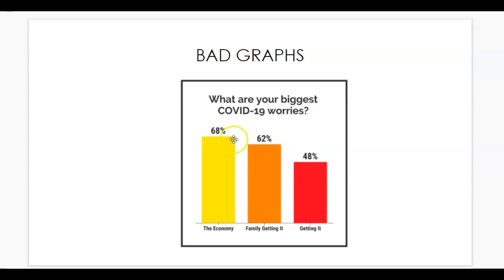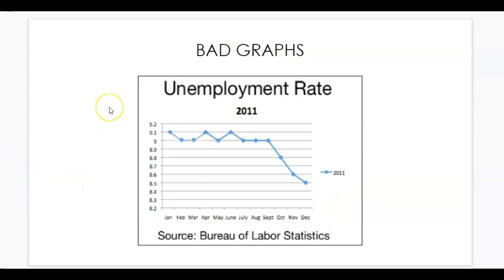Rather, it is the percentages. These percentages should add up to 100. This graph is bad because there are no labels on this side to understand what these rates or numbers mean.